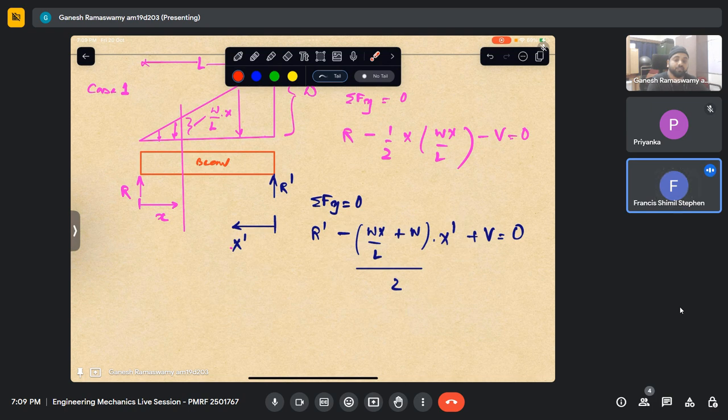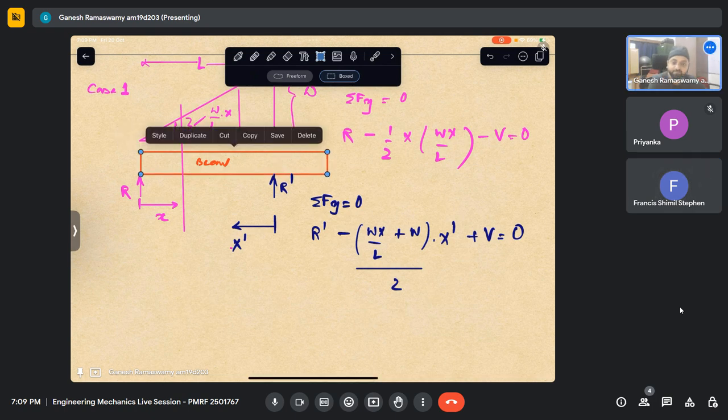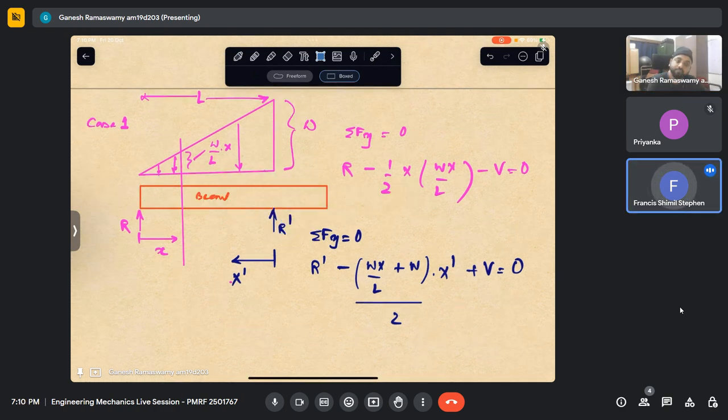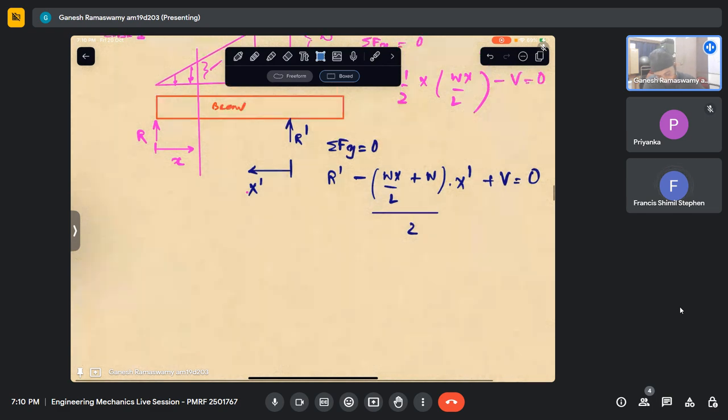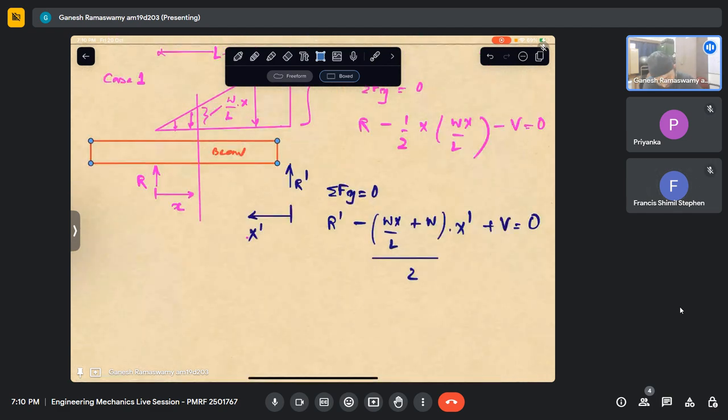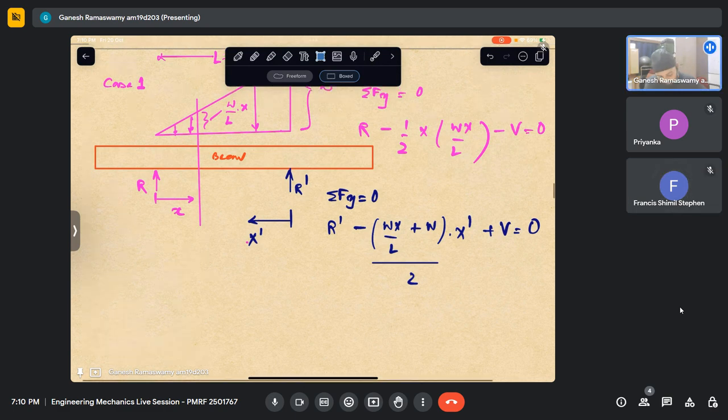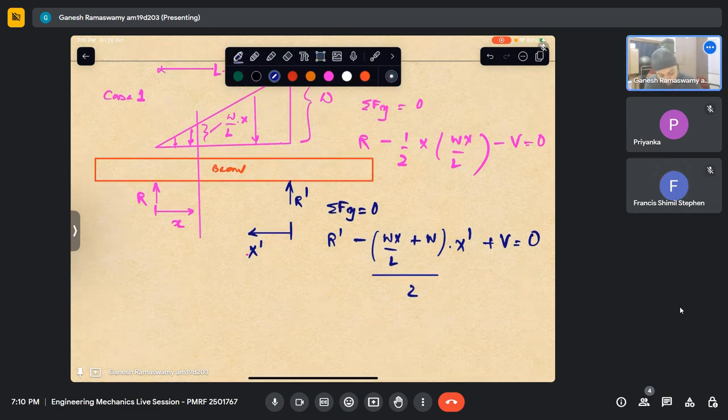Overhanging beam. Okay, let us say it is like that. It is overhanging now. What is the question? Oh, okay. So your question is related to this. If it is overhanging like that, then what you can do is see, you are essentially adding up forces.